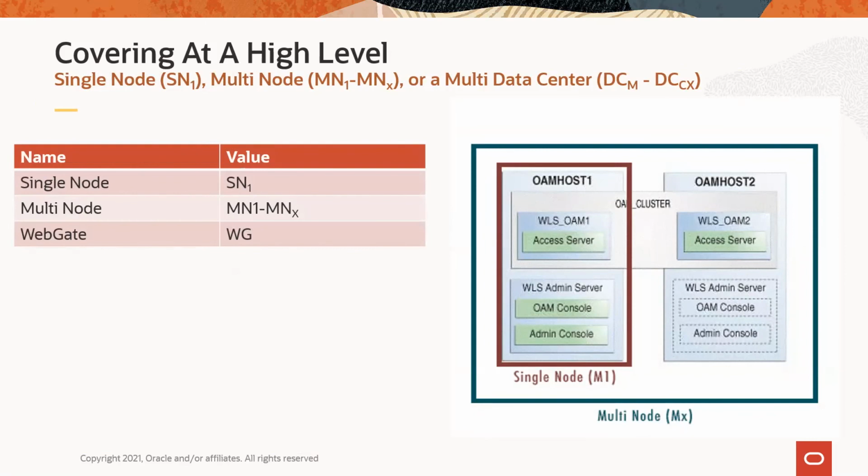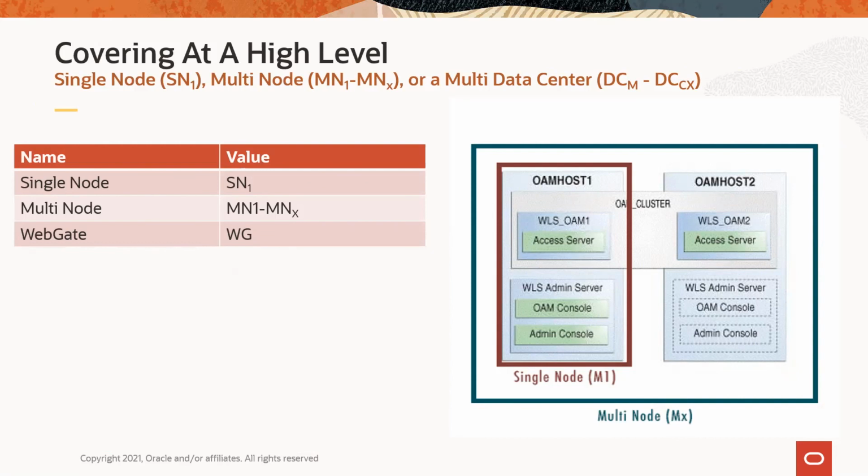This presentation covered upgrading OAM to 12.2.1.4.0 for a single node environment, where single node means one WebLogic admin and one managed server running on the same server. Two other environments that are covered in the documentation and were not covered here are the highly available multi-node environment, where multi-node means a WebLogic cluster consisting of multiple managed servers running OAM.